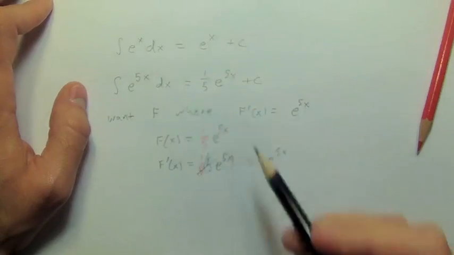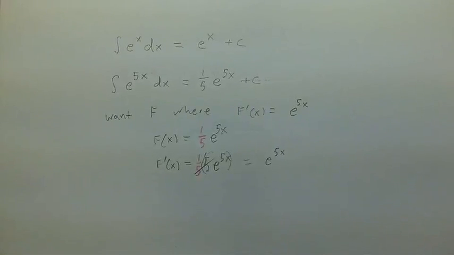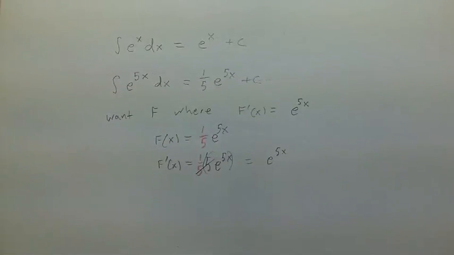So it's just like with the chain rule, the basic chain rule with derivatives, where if you had a number on the inside there, you multiply by it. What you do with the integral is you divide by it, right? So it's exactly the opposite.